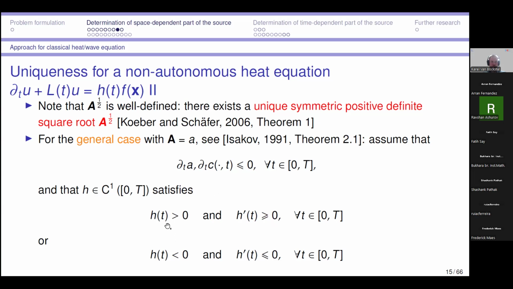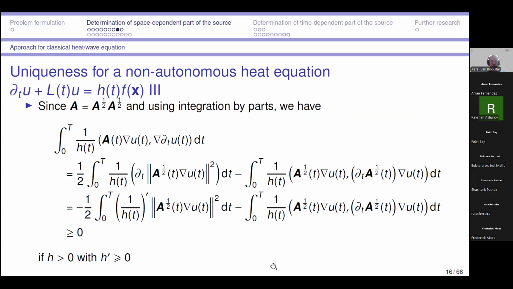So there h was C^1 on the closed time frame, and either h is strictly positive and the derivative is positive, or h is strictly negative and its derivative is negative. So these are also the conditions which were arising with the variational approach.